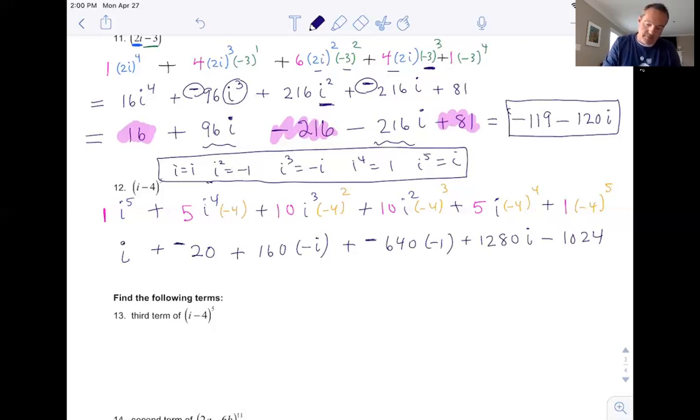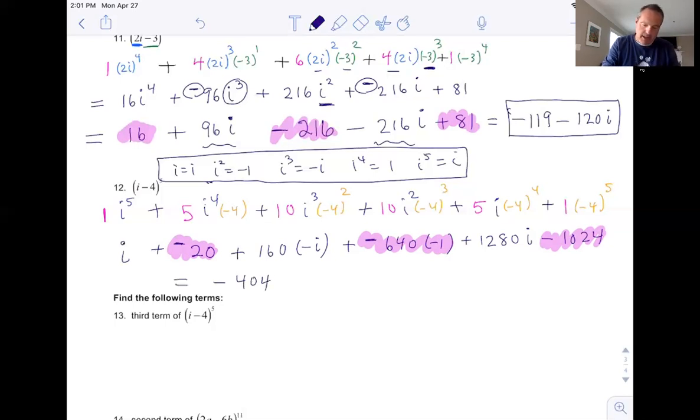All right, what do we want first? Let's get the real numbers. So we got a -20, and I'm doing this on the calculator. Here I got 2 negatives. That's a +640. So I got -20, I got +640. And then finally I got -1024. So my real part, I got -404.